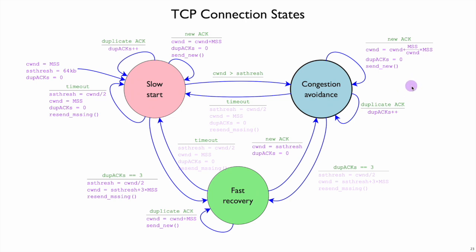So this is the complete picture for all of the packets that we send, acknowledgements that we receive, or duplicate acknowledgements that we receive, and how the congestion window and SS thresh adjust based on those actions.